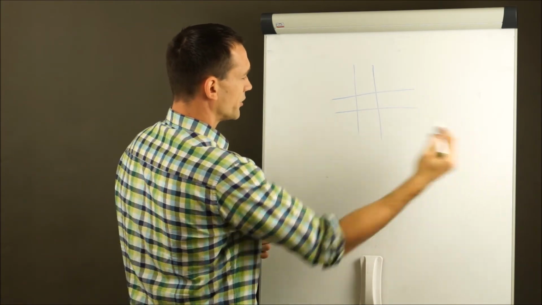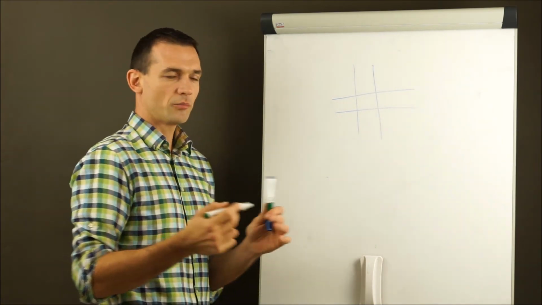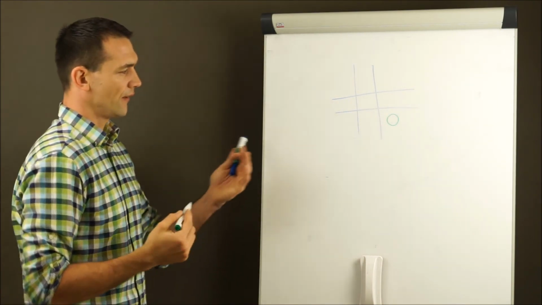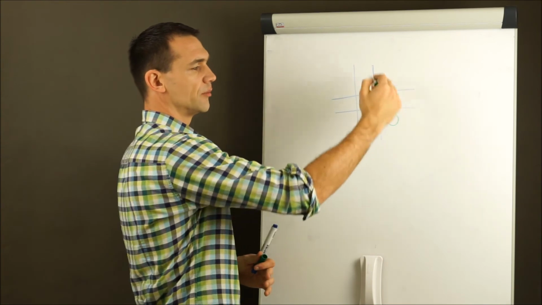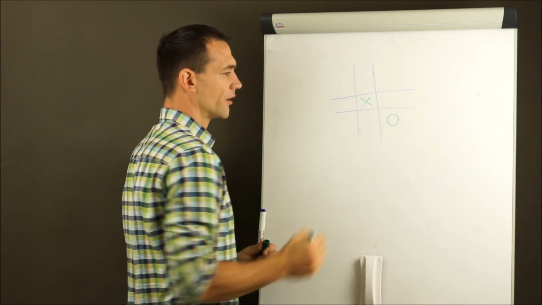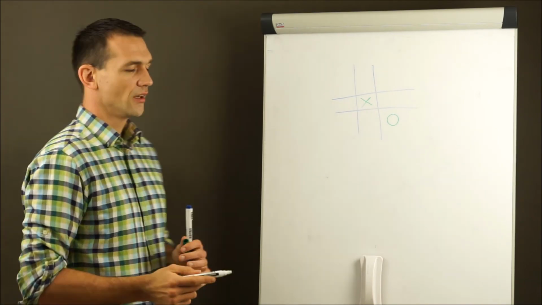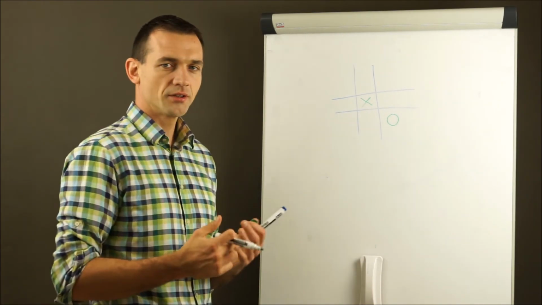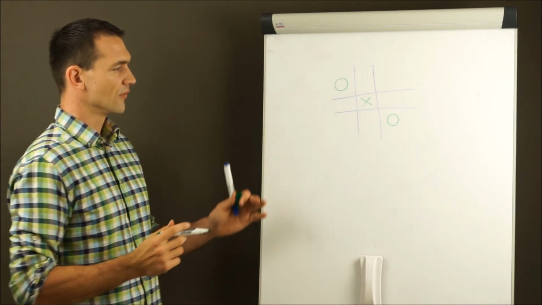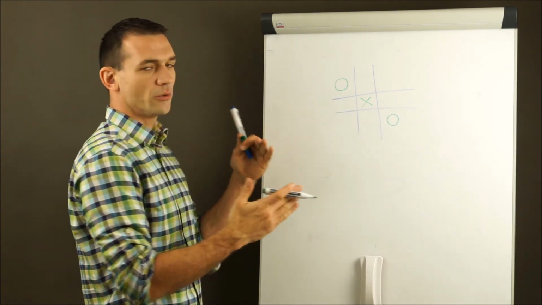Here we have the situation where our opponent put a circle here, and the machine evaluated all the possible gameplays and obviously put a cross here. In the next turn, the smart human will put a cross here in order to create a win-win situation.